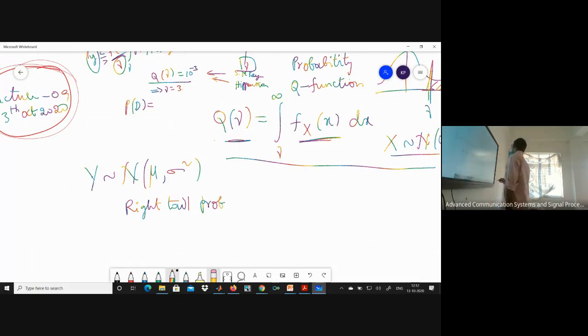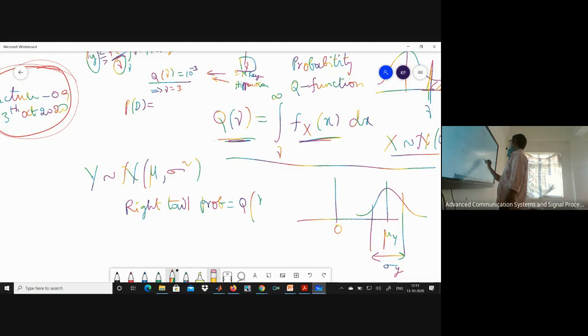Now instead of having the mean at 0, it is going to have it somewhere over here with mean mu_y, and of course the spread is going to be given by sigma. In such situations, you can write the right tail probability as Q of (gamma minus mu) divided by sigma.